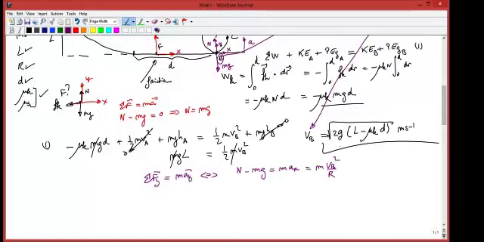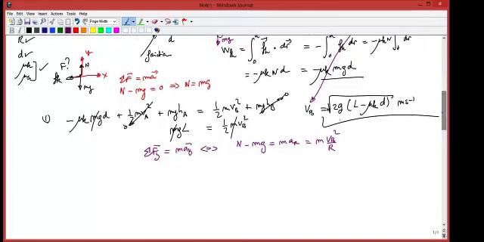Bing! And now we can solve for N. As we substitute the functional form of VB, we're going to have m over r times 2g(L minus mu_k d). And therefore, N is equal to mg. We can factor both of those out: 1 plus 2 over r times (L minus mu_k d).